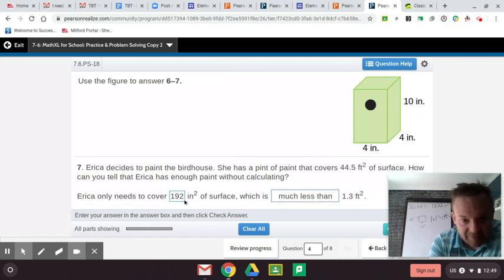So Erica only needs to cover 192 inches of surface, which is what's greater than?